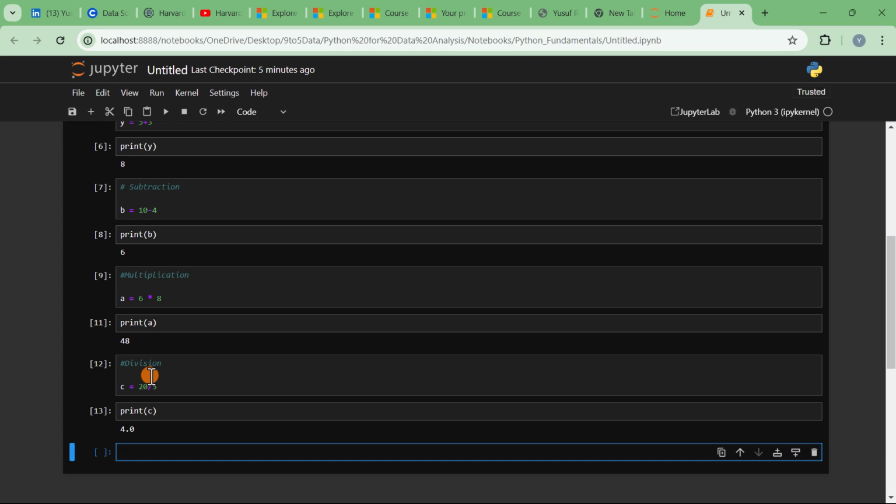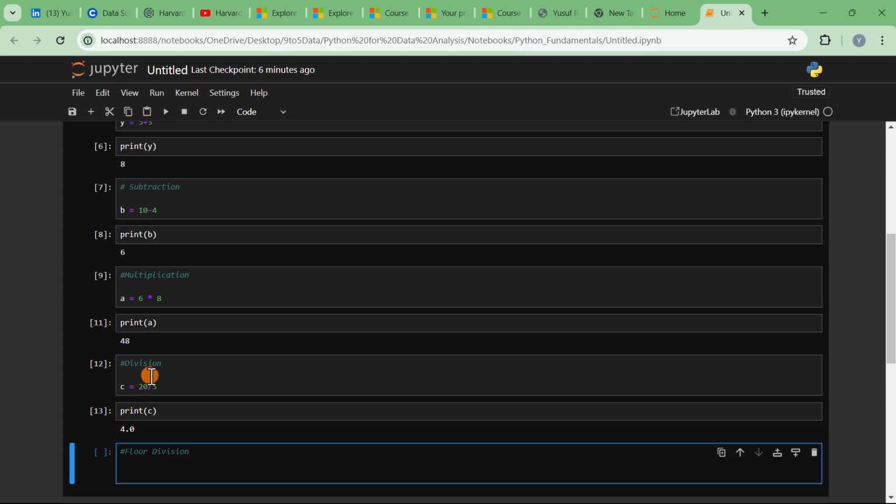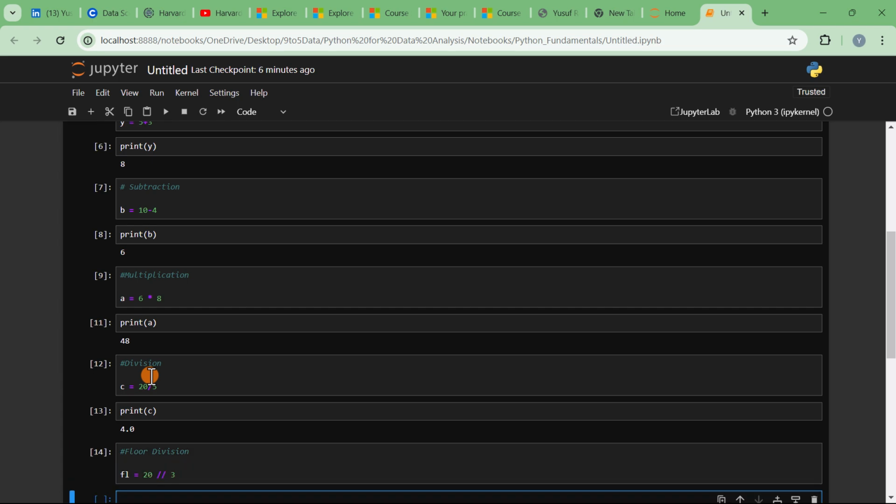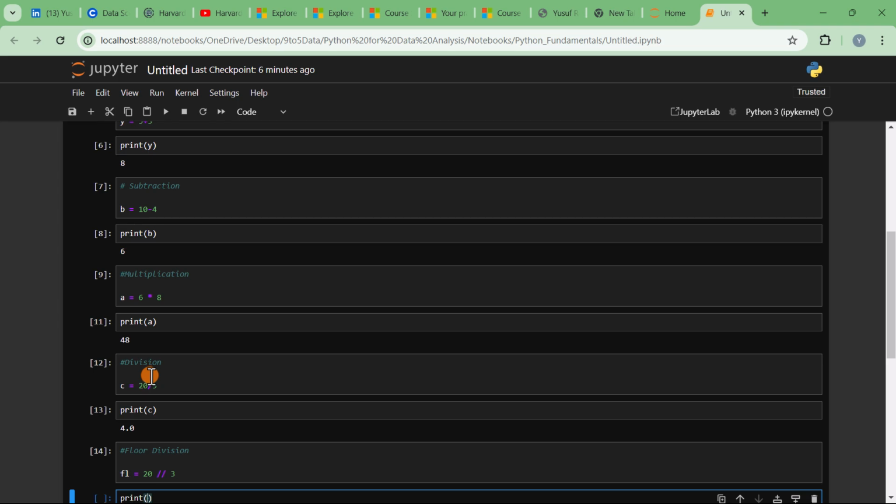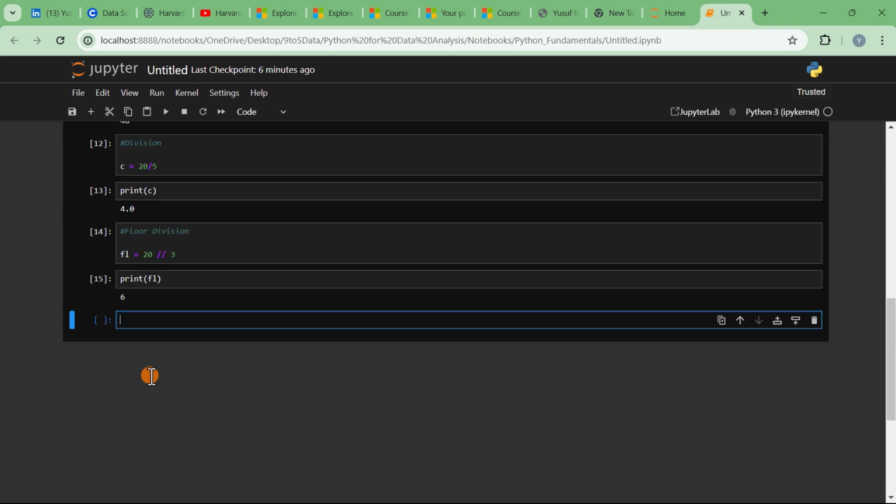The other type of division we have is what we call the floor division. Let's say fl is 20 double slash 3. We'll run that and print fl. What this has given us is 6.